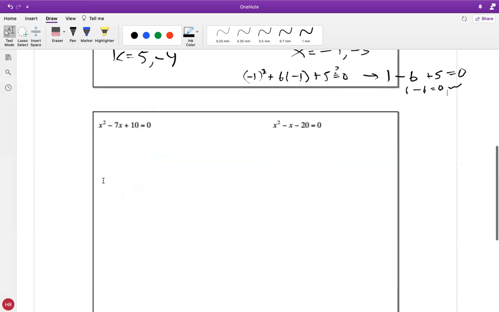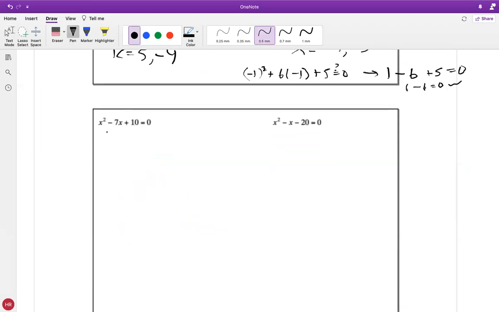And we can do the same thing with these two. So this is a type 1. There's a 1 in front of the x squared. I look for two numbers that multiply to give me a positive 10, but add up to negative 7. The only factors of 10 are 1 and 10 and 2 and 5. And they need to both be negative here because this is a positive number, so either both positive or both negative.